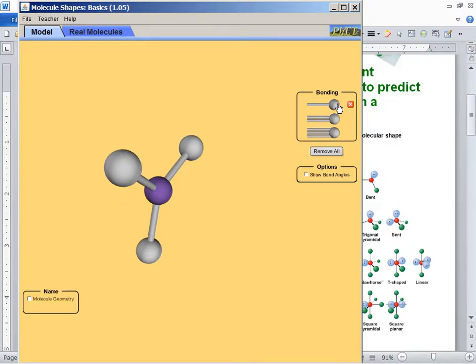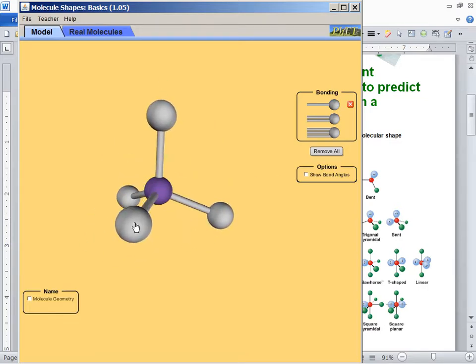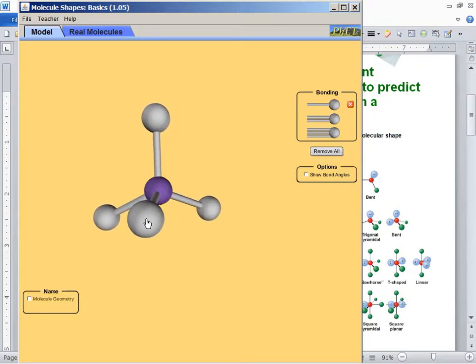Okay, so there's 3, 4. What do they call this? Tetrahedral, right? Now you see the flat triangle on the bottom?